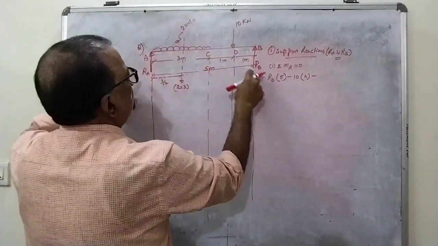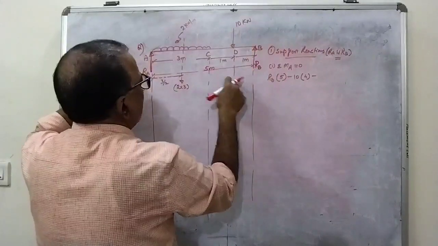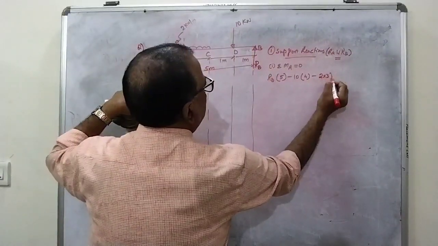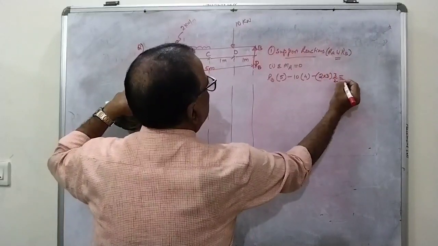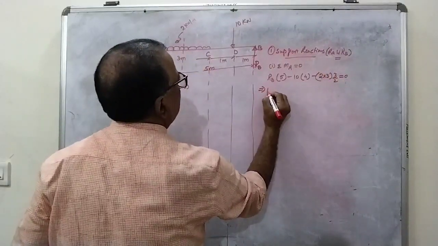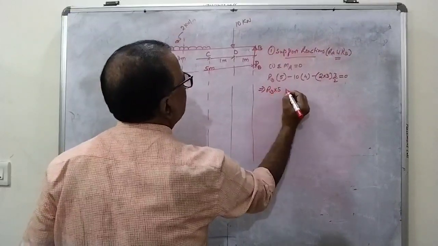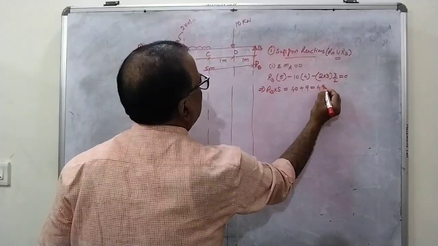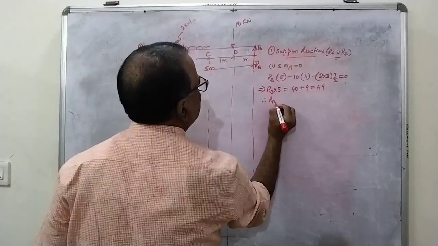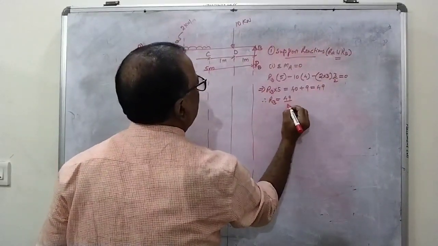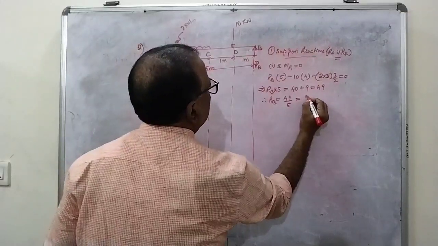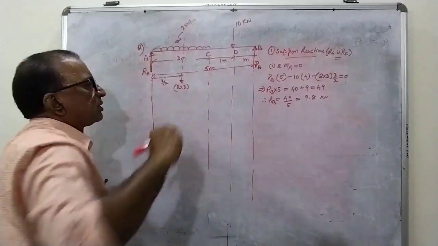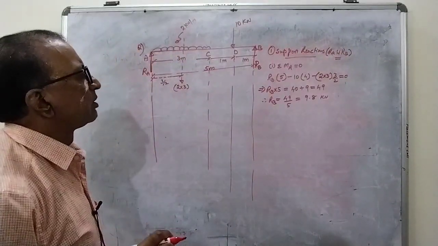So RB into 5 minus 10 into 4 minus this UDL 2 into 3 into 3 by 2 is equal to 0. This implies RB into 5 is equal to 40 plus 9, 49. Therefore, RB is equal to 49 by 5, 9.8 kilonewtons. RB is equal to 9.8 kilonewtons.